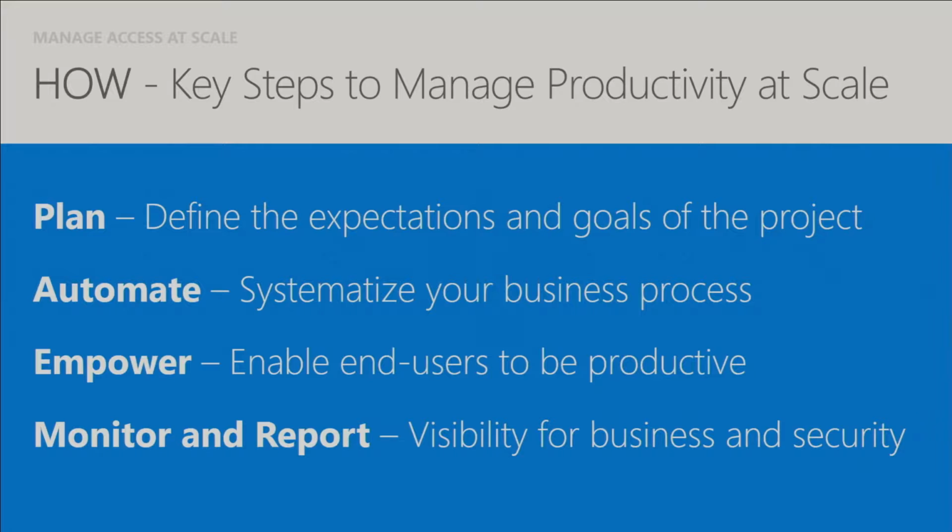Moving things away from the IT center, but knowing that when you've done that, you can monitor, report, and verify what's going on. So those are the parts: you're going to plan, automate, push out for self-service, and then monitor and report. And we'll go in depth here.